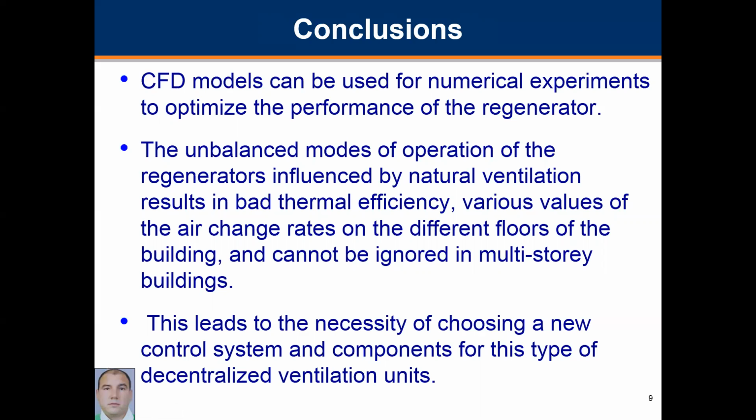Various values of the air change rate on different floors of the building cannot be ignored in multi-story buildings. This leads to the necessity of choosing a new control system and components for this type of decentralized ventilation units.